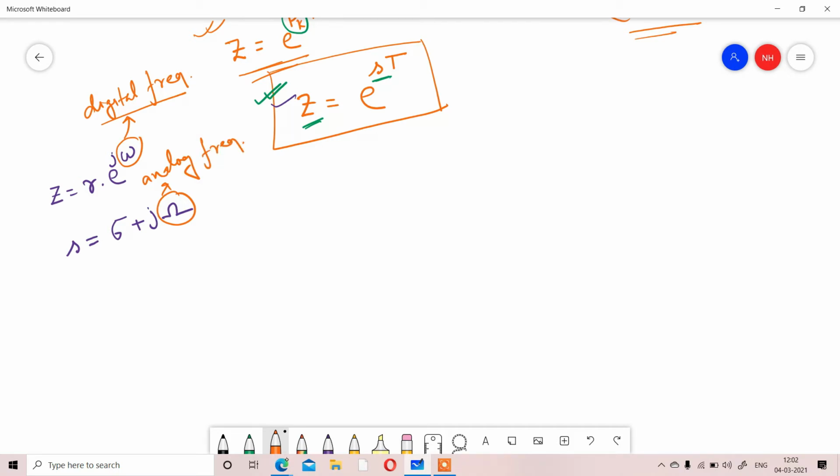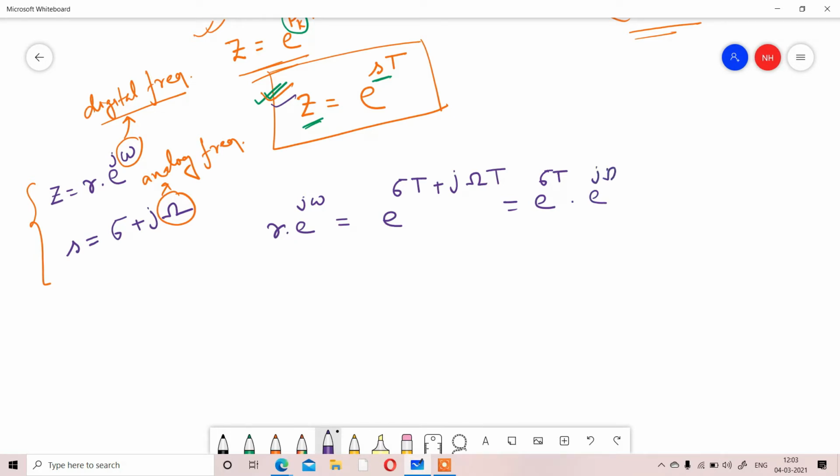So if we replace these two in that expression, we get r e to the power j omega equal to e to the power sigma T plus j omega T, or simply e to the power sigma T into e to the power j omega T.